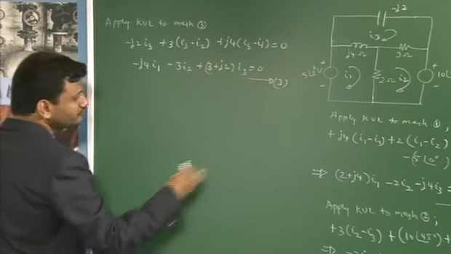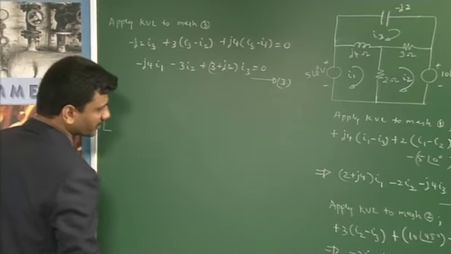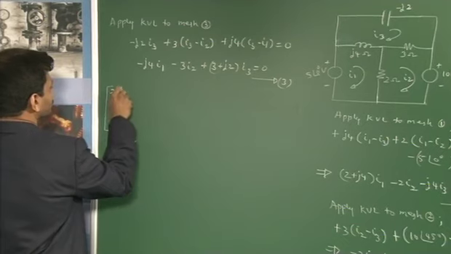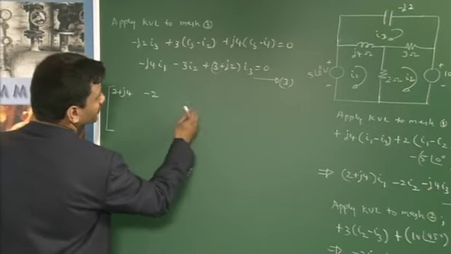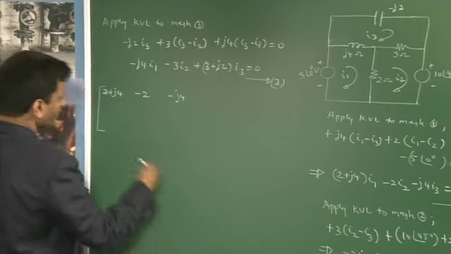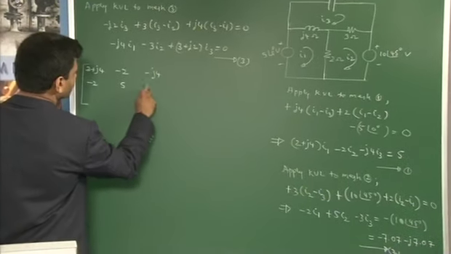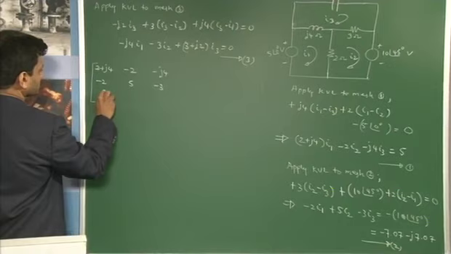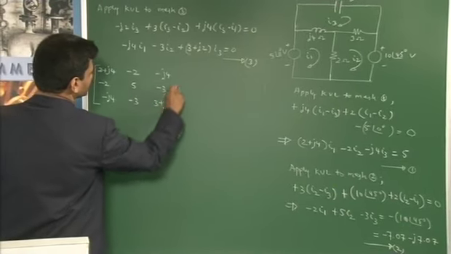Now, this set of equations can be represented in matrix form. The rows are: 2 plus J4, minus 2, minus J4; then minus 2, 5, minus 3; and minus J4, minus 3, 3 plus J2.